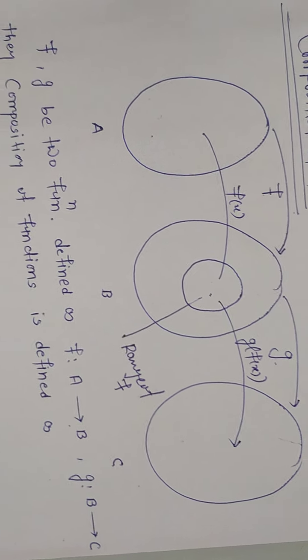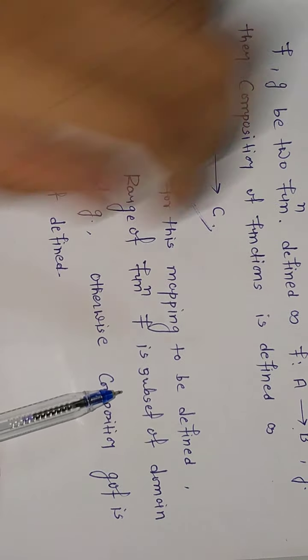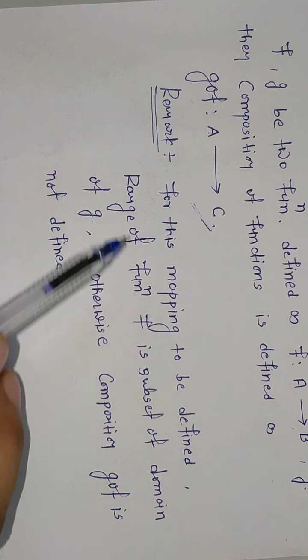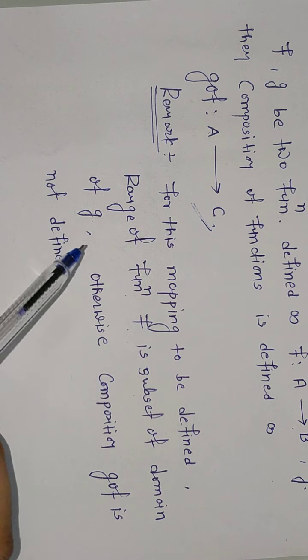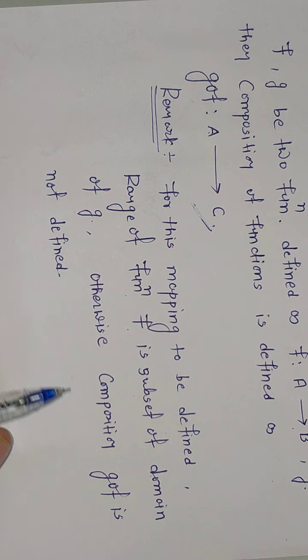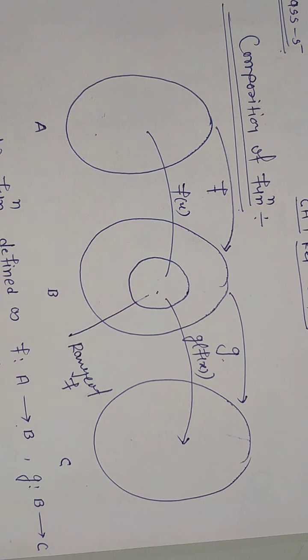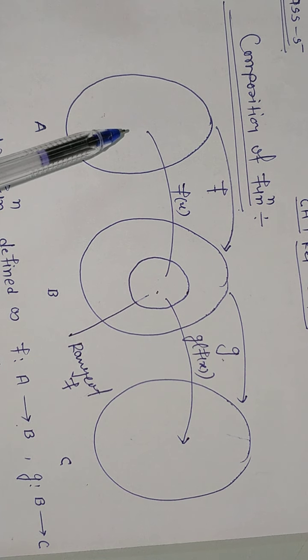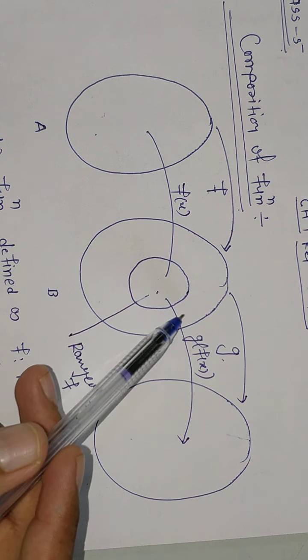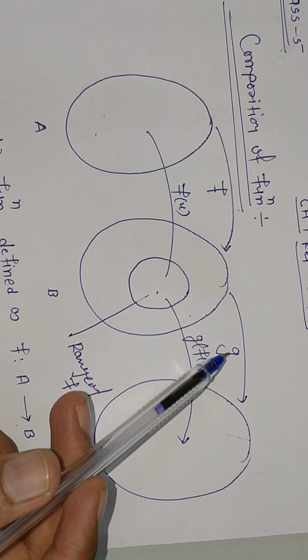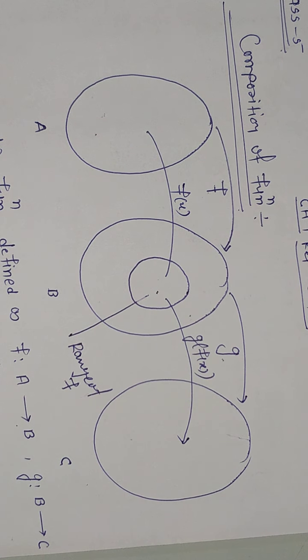Now what are the remarks for this? For this mapping to be defined, the range of function f must be a subset of the domain of g. What I say is, if I want to find the composition of two functions, the condition is that the range of one function must be a subset of the domain of the other function.